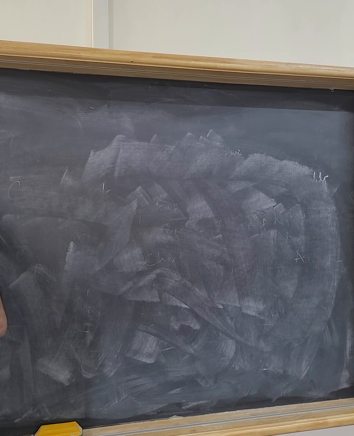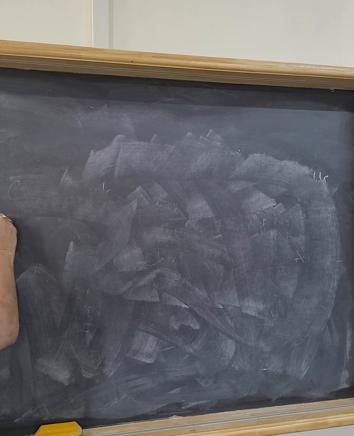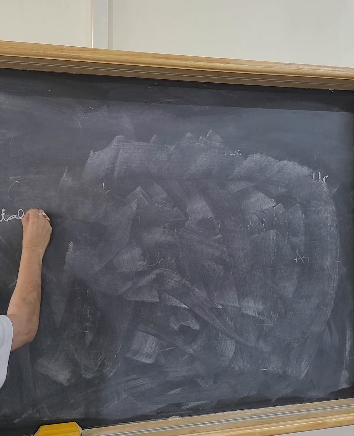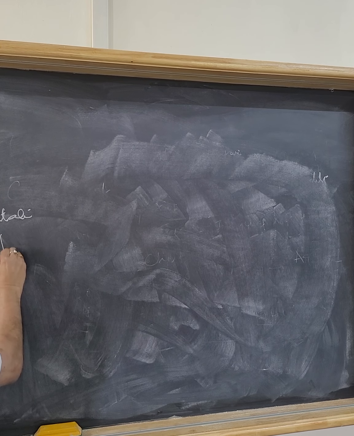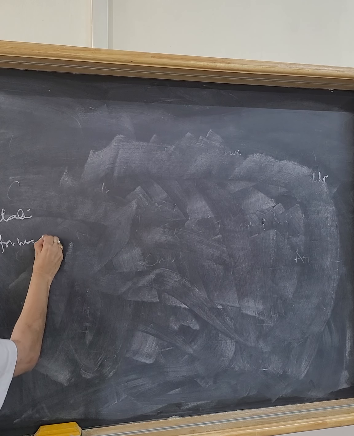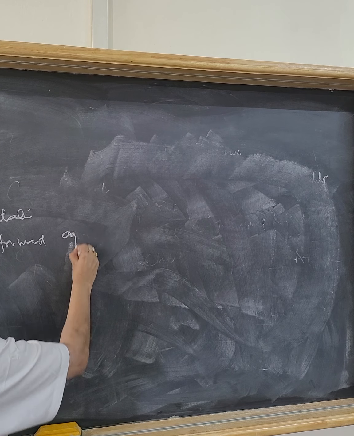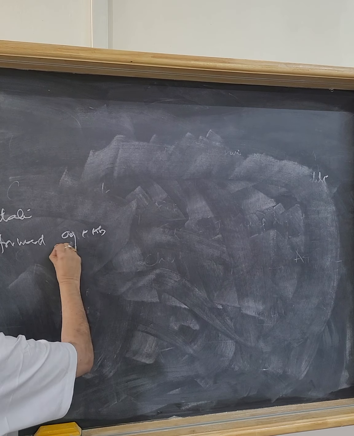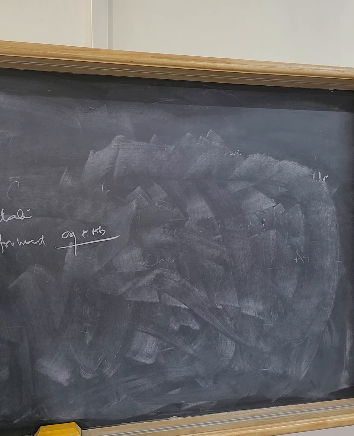Now moving on to the precipitation test. Precipitation test uses a soluble antigen. Soluble antigen is used and precipitate is formed at the site of union of antigen antibody.